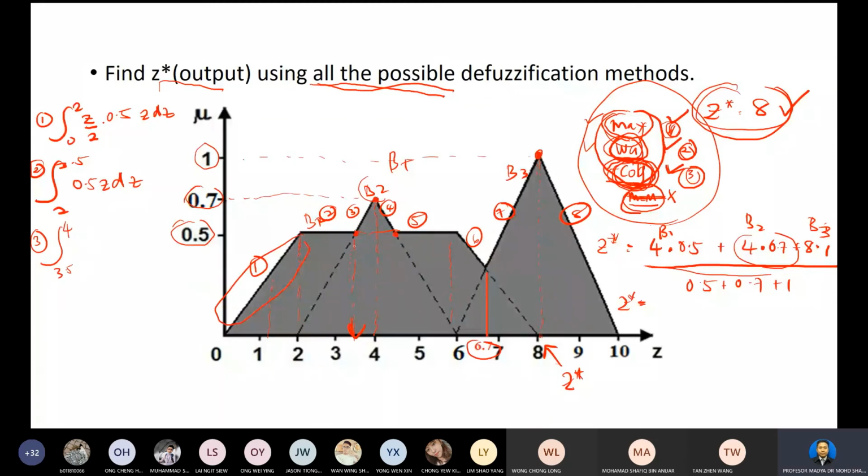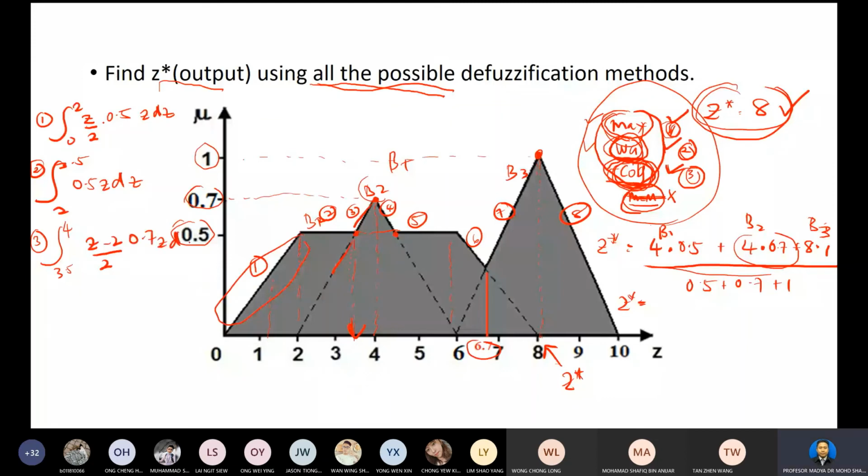That's why you can put, for example, z minus 2, divided by 4 minus 2. 4 minus 2 will be 2. The membership value is 0.7 z dz. That is for equation 3.